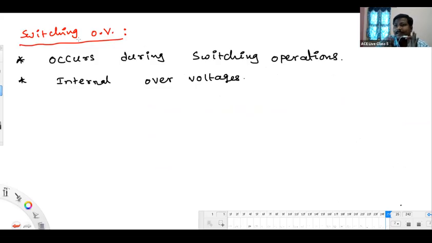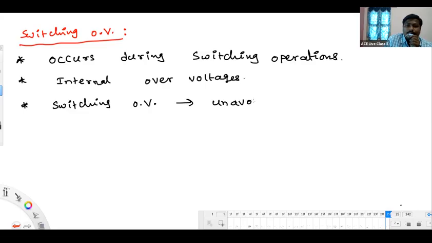So switching over voltages are unavoidable in the system.